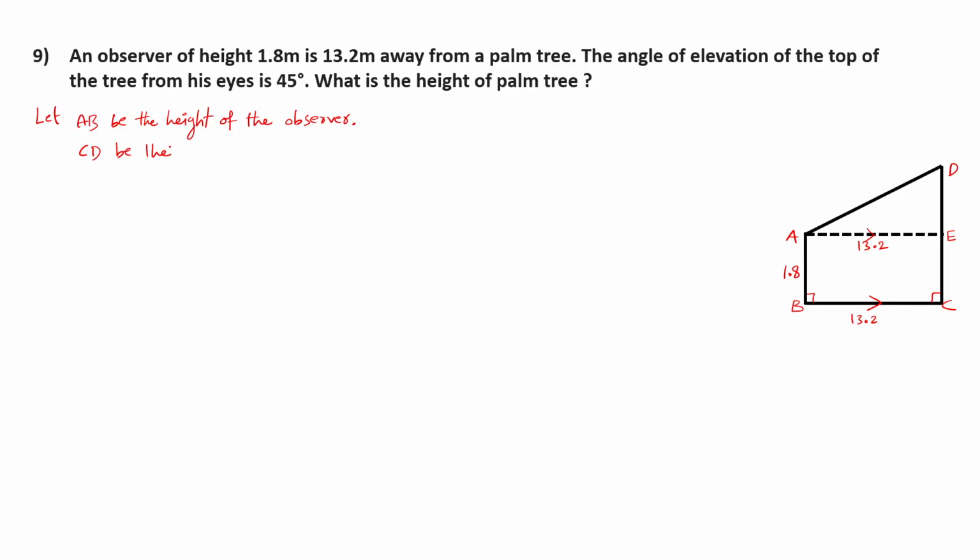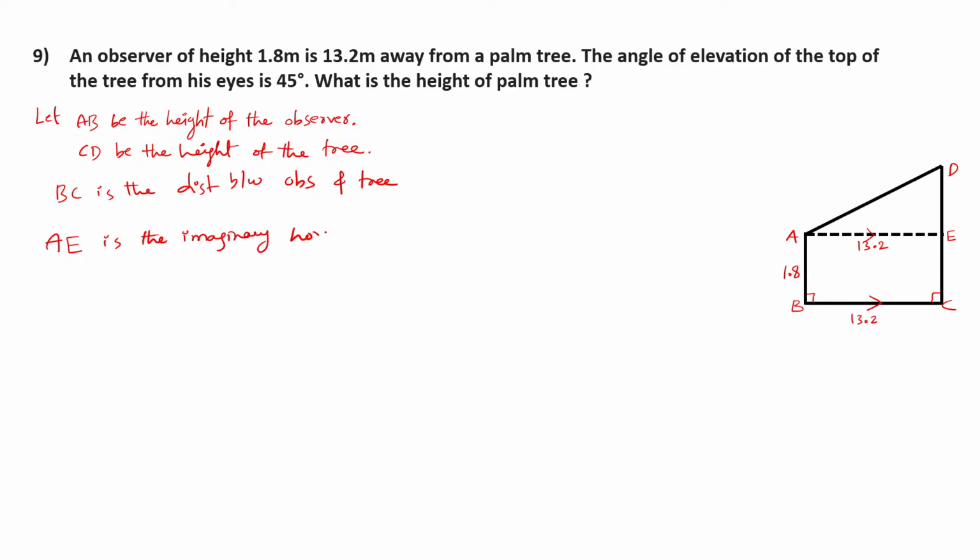CD be the height of the tree. Next, BC is the distance given in the question, distance between observer and the foot of the tree. Next, we need to assume an imaginary horizontal, that is AE is the imaginary horizontal. Very important step.